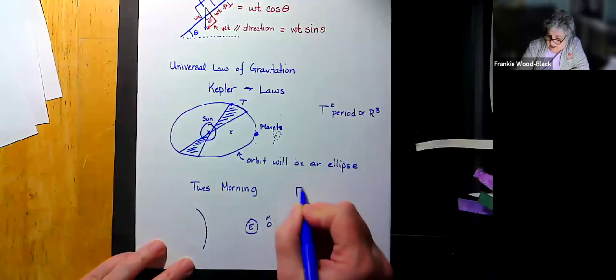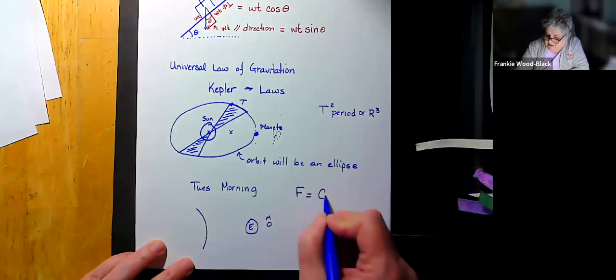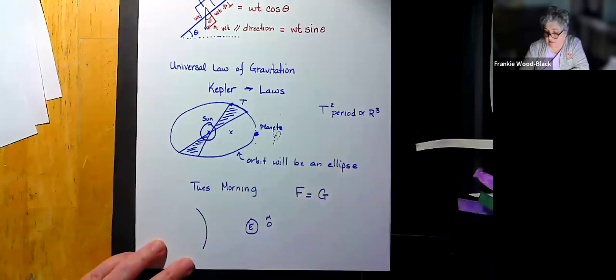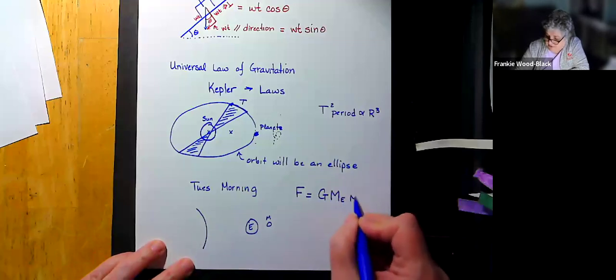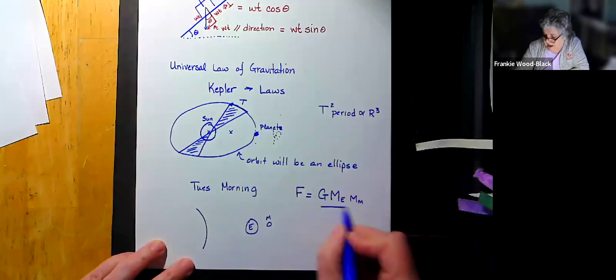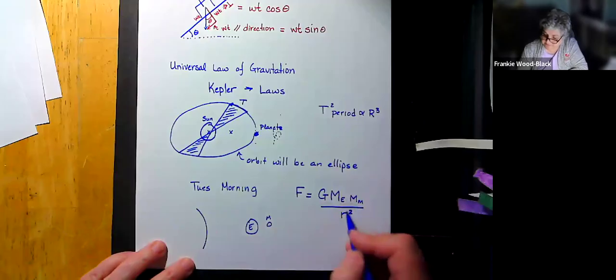And after he did a lot of calculations, he showed that the force was going to equal some constant that we call G, times the mass of the Earth, times the mass of the moon, divided by the radius squared, and that was going to give us our explanation for why the moon is going to be there. And that also explains tides because the masses have an attraction. And Cavendish actually did an experiment to show that.